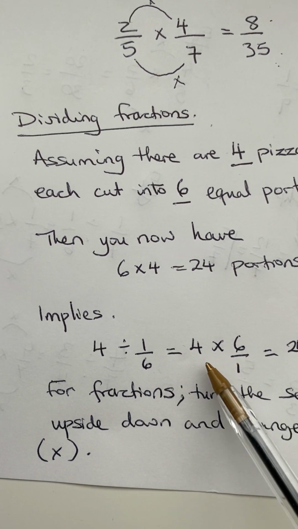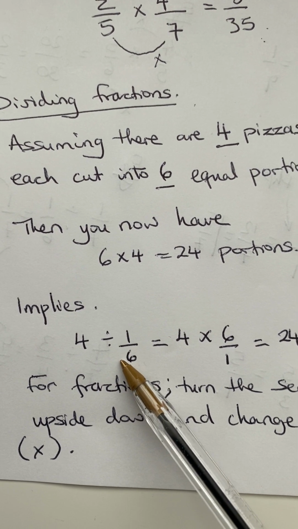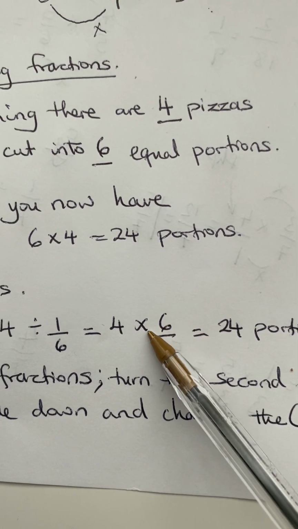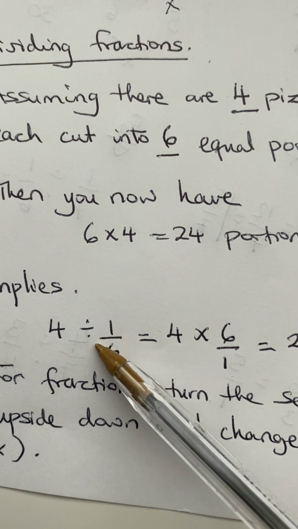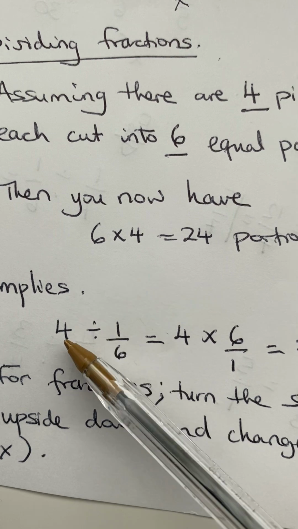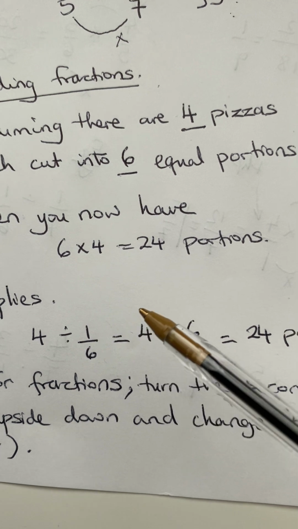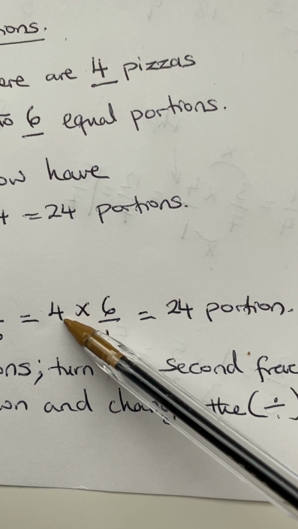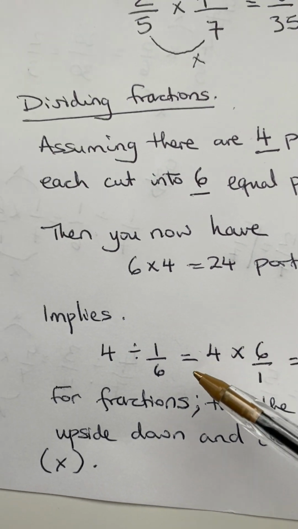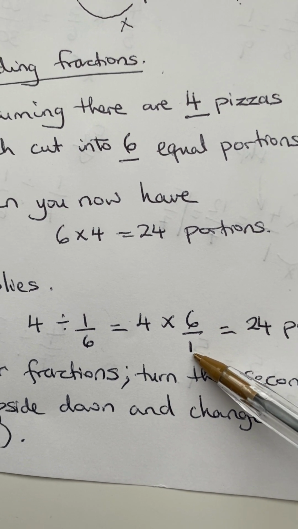Now 4, we can't divide this way. To change the division sign to a multiply sign, we need to flip the second fraction, not the first. So 4 will be the same, but the second part, from 1/6, we flip to 6/1.